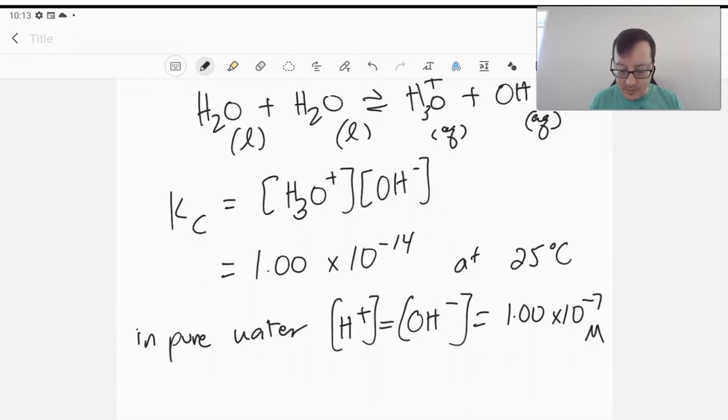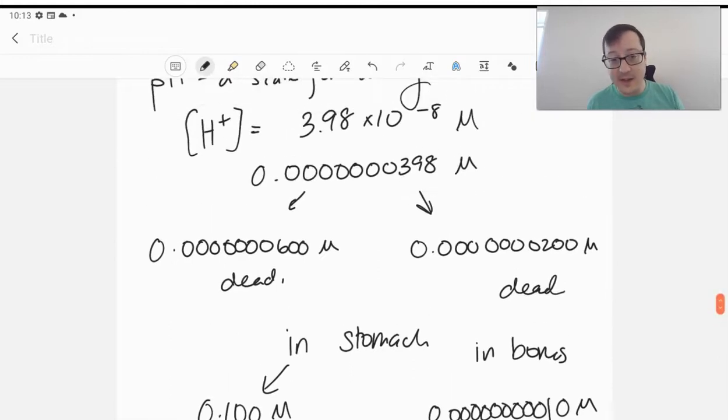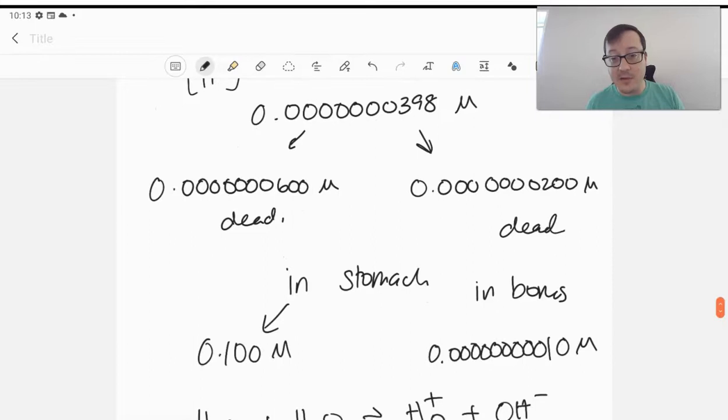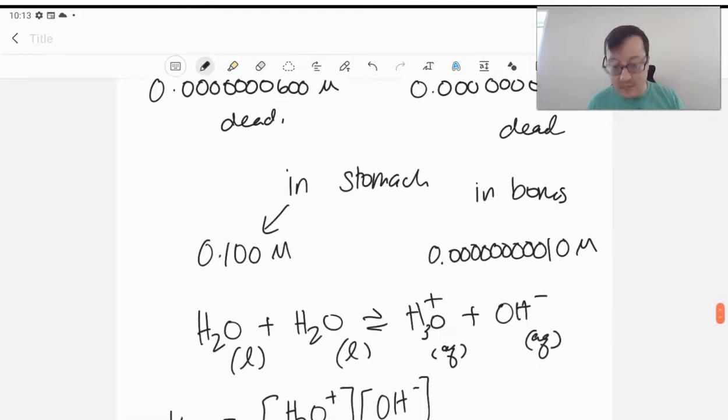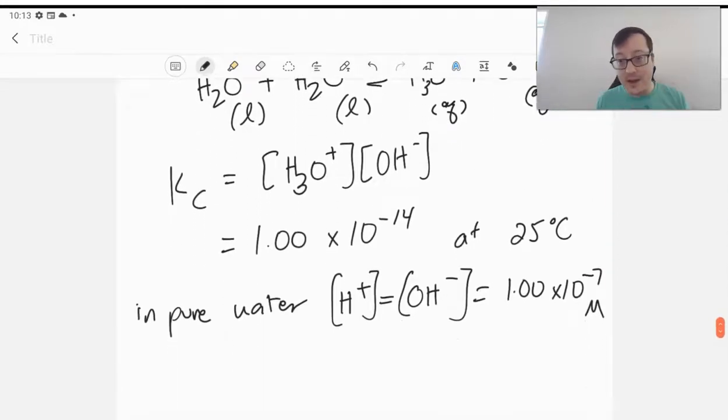And so we're going to see here that we've seen some of these values that are well above that and well below that. Like here with the blood, we had 10 to the negative 8. The stomach, we have 10 to the negative 1. The bones, we have 10 to the negative 10 or so. Hopefully I know how to count the zeros. So with this, we have a variety. And so we're going to standardize this pure water concentration of hydrogen.